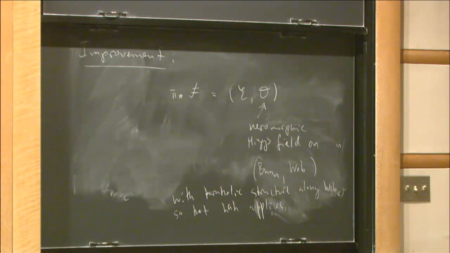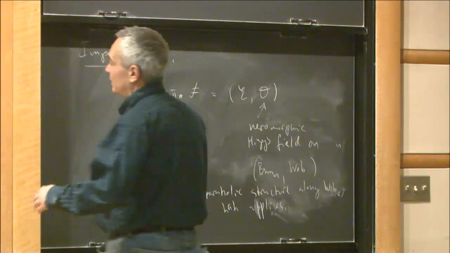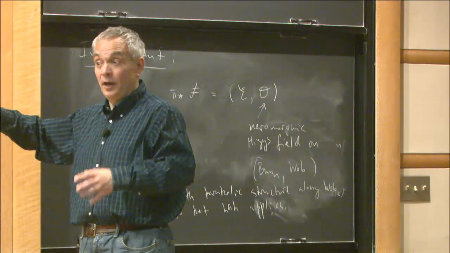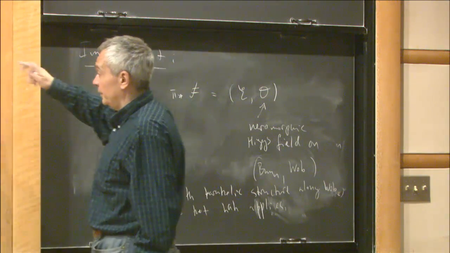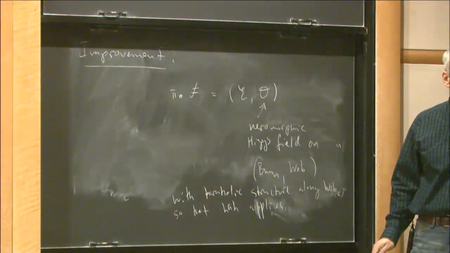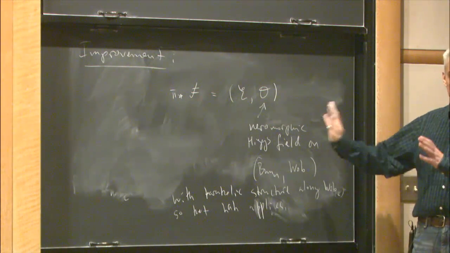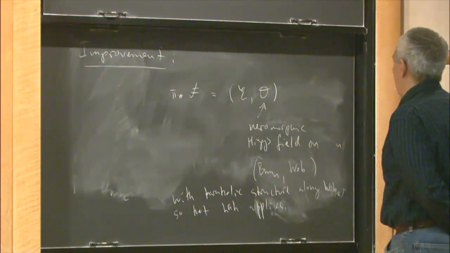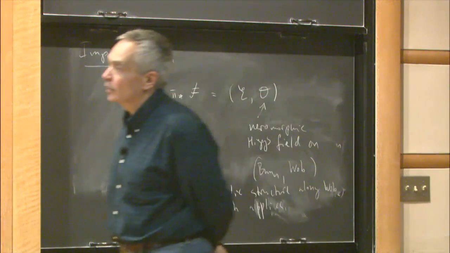So you really need to worry about all of them. But at least in the examples that we've looked at, when you start with an unramified local system on the curve, the local systems that you get on the moduli of semi-stable bundles have regular singularities. So at least in those examples, you can work with the regular case.